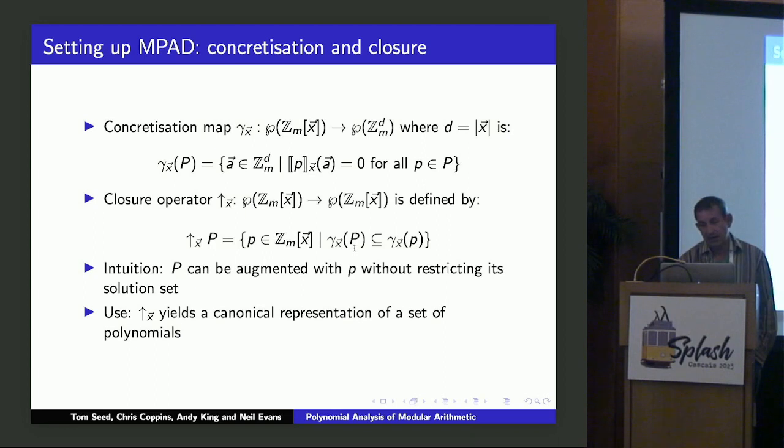Well, we take our system P, we concretize it to get all the solutions, and we build a set of polynomials p, I should have used a different notation here, whose solutions enclose those of the system big P. So I bundle up all the p's which are entailed by big P, and that's our closure.